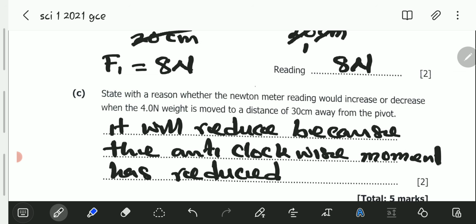So that is what is there. So it will reduce because the anticlockwise moment has done what?